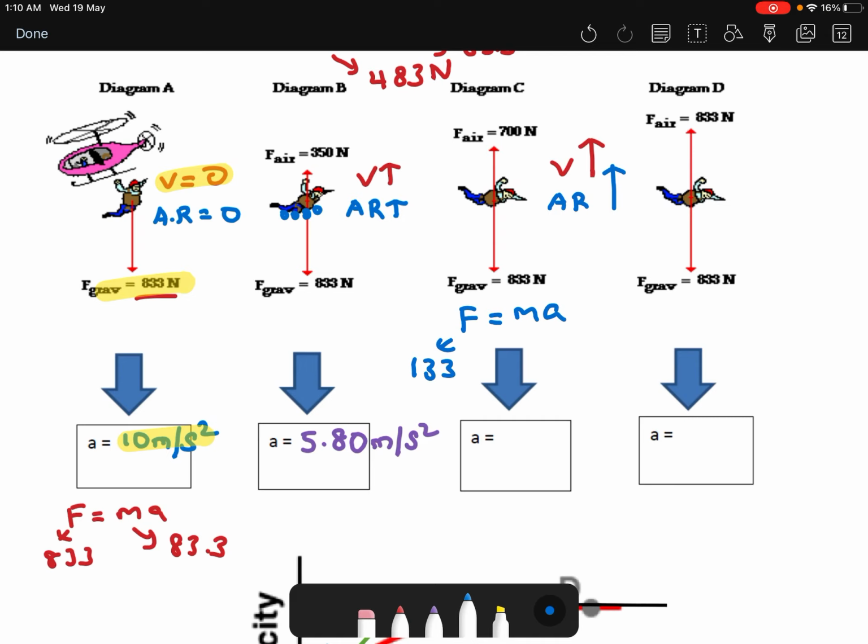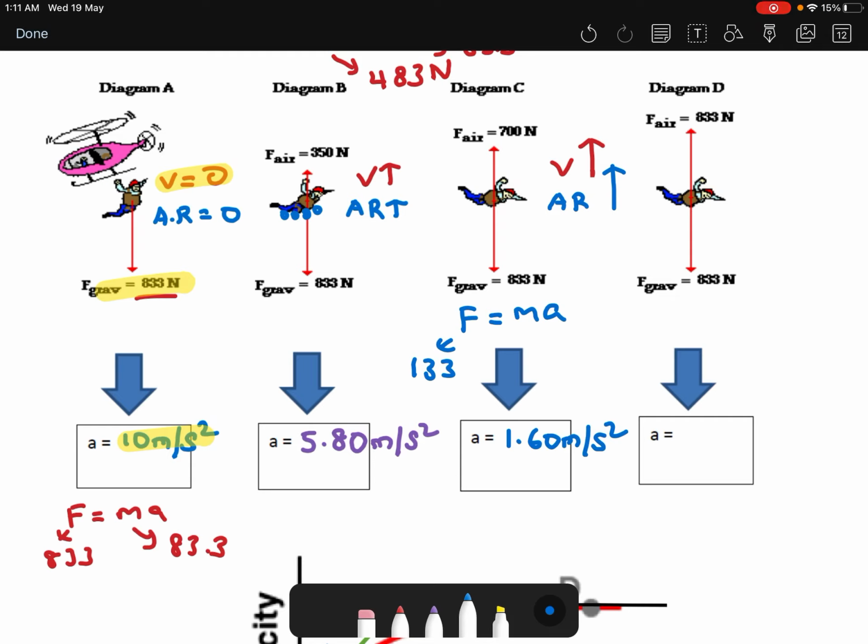So your acceleration will be about 1.60 meters per second squared.